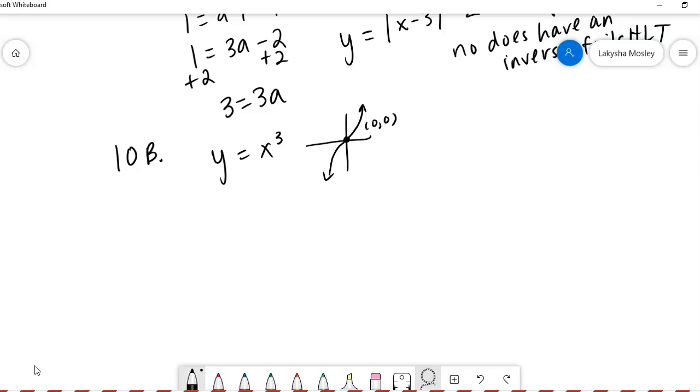I look at the picture that I have on 10B and I notice not only is it going the other direction, it looks something like this. I'm going to focus on the point that's right here, and this one was negative 1, 2. So this is my h and k value. I also know there's a reflection of some sort, since it's facing the opposite direction.